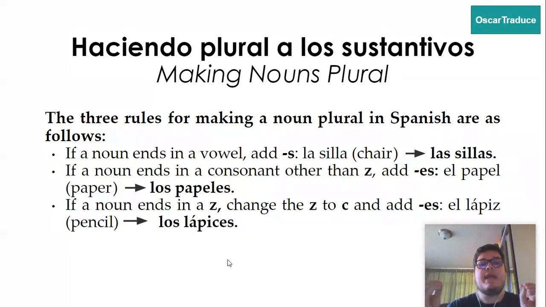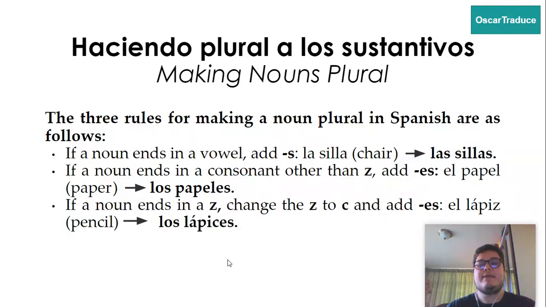If a noun ends in a Z, change the Z to C and add ES. El lápiz, los lápices.